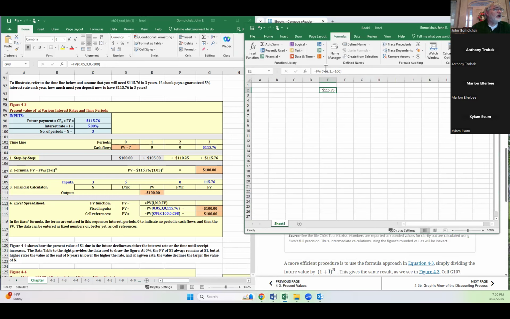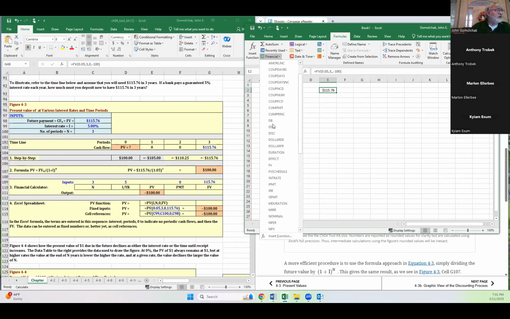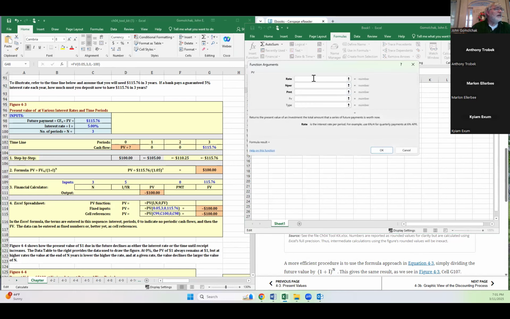All right. So I'm going to go back over here to my financial, and we know that we're looking for present value, and this is all going to be in alphabetical order. There's my present value, PV. It gives me my input chart. So the rate, once again, is going to be 0.05. The number of periods is going to be 3.